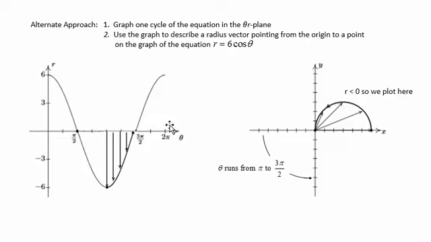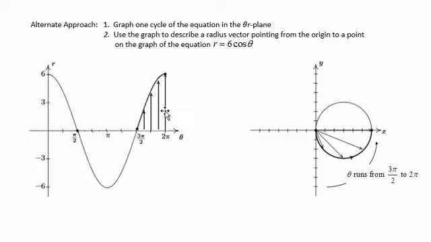From 3 pi over 2 to 2 pi, as we rotate through this fourth quadrant, our radius vectors will always be positive and getting longer. And so we notice that the graph of r equals 6 cosine of theta is the graph of a circle that's been shifted 3 units to the right and has a radius of 3 units.